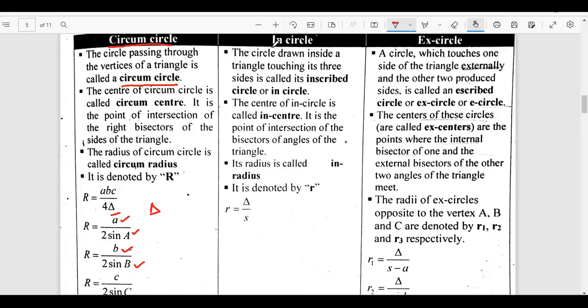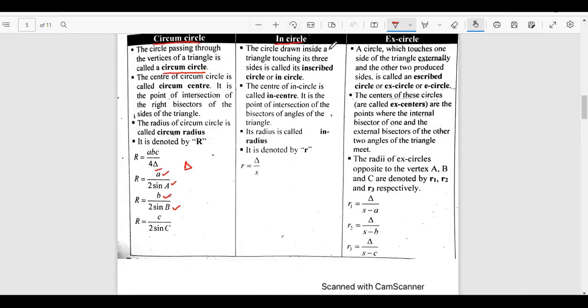The incircle is inside the triangle and it is touching the three sides. You can call it either the inscribed circle or the incircle. The center of the incircle is called the incenter. It is the point of intersection of the bisectors of the angles of the triangle. Let's go and see where exactly the incircle is.